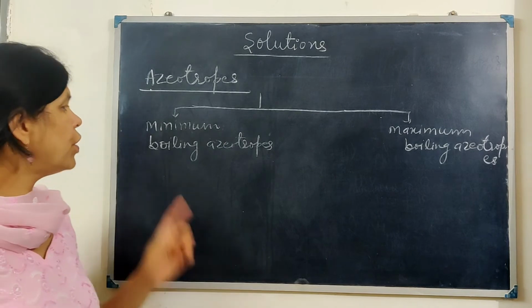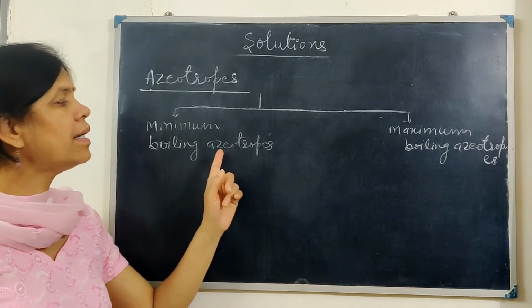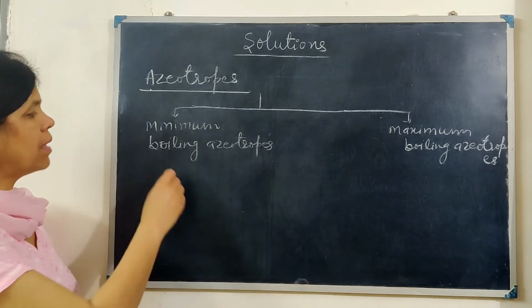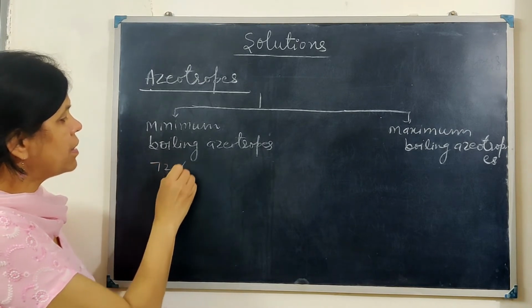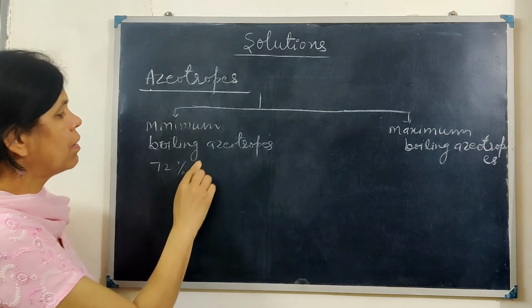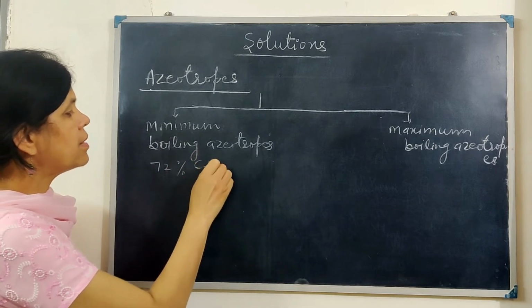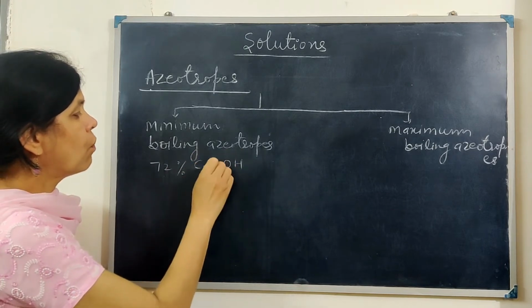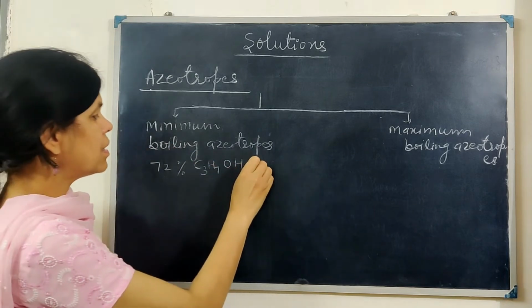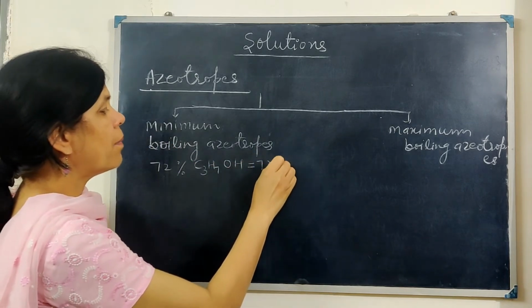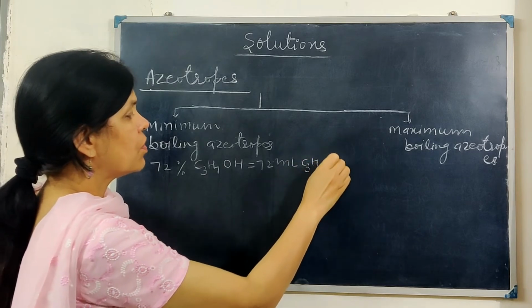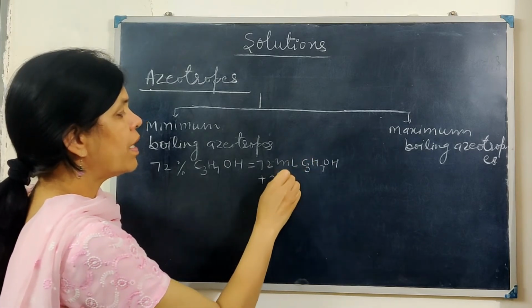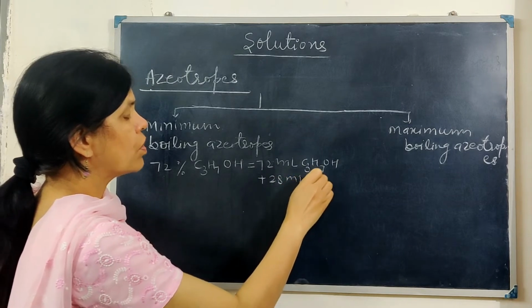Children, in order to explain minimum boiling azeotrope, I'll take the example of 72% propanol, which is C3H7OH. What does it mean? It means 72 ml propanol, which is mixed with 28 ml of water.